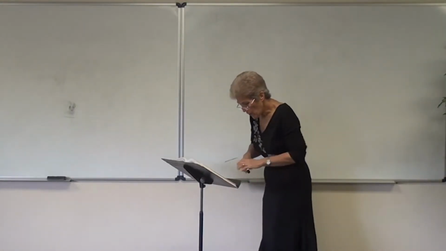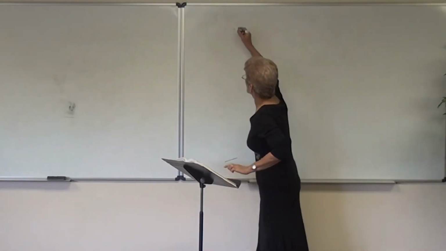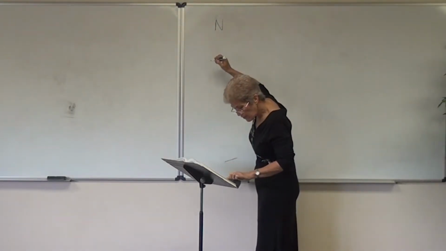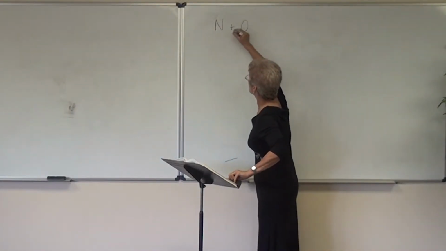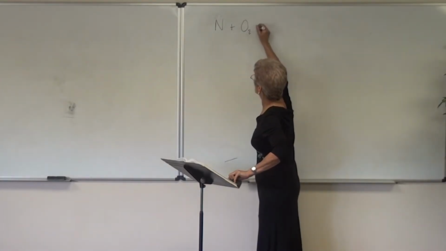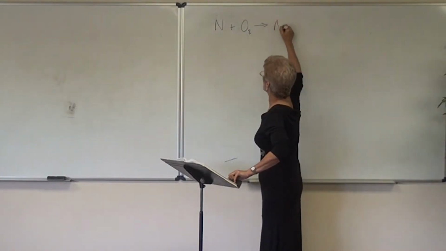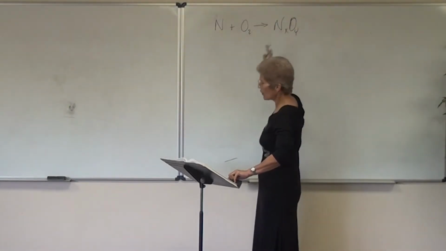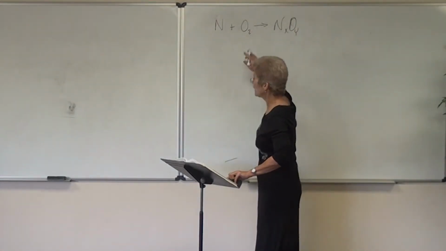Okay, so this one we're doing nitrogen is burned in excess oxygen, okay? And it's going to produce something. So we're looking for that. That's what we're trying to do.